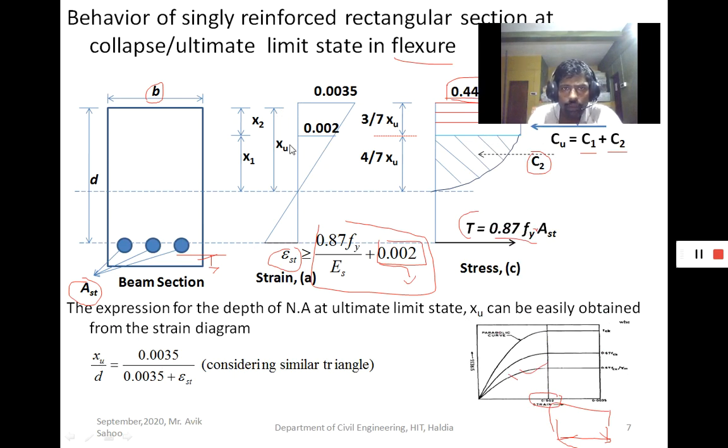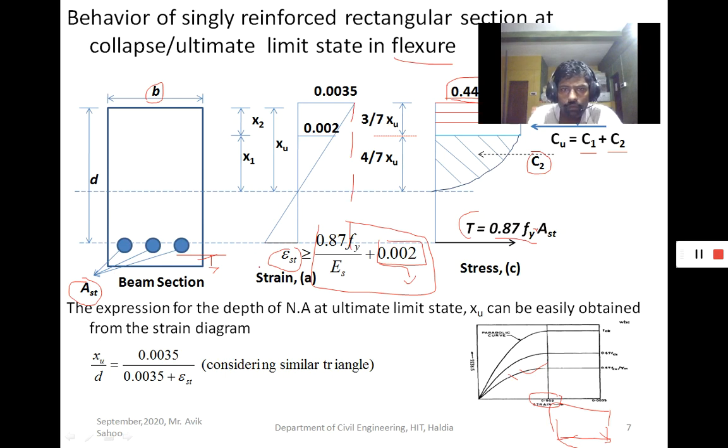Simply, this distance is the effective depth. If I draw a triangle, this is a similar triangle. We apply the similar triangle concept to find the depth of neutral axis.